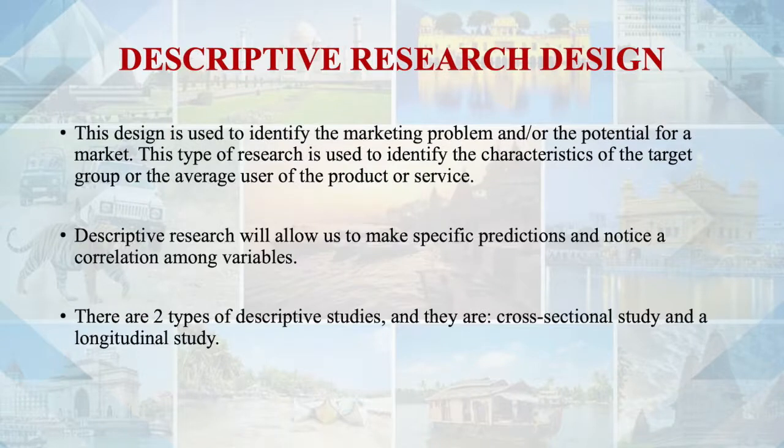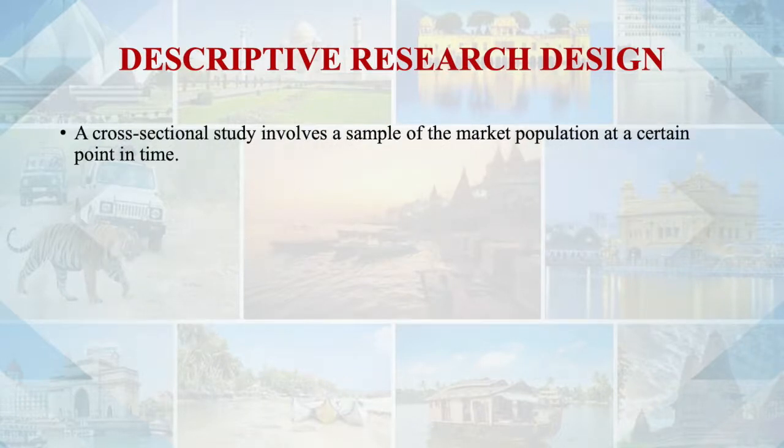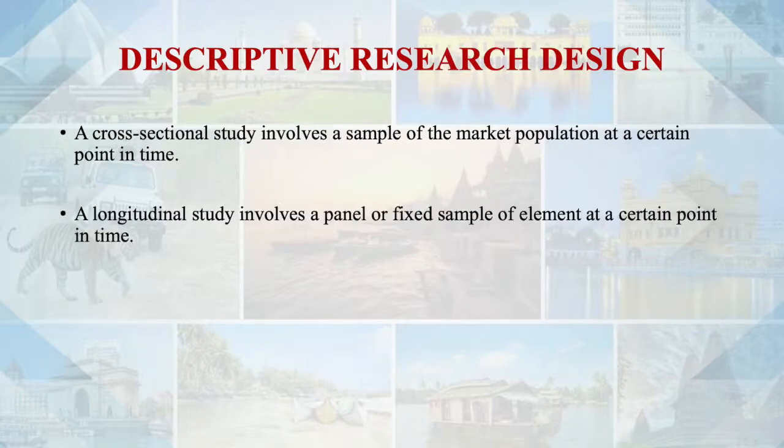There are two types of descriptive studies, and they are cross-sectional studies and longitudinal studies. A cross-sectional study involves a sample of the market population at a certain point in time. A longitudinal study involves a panel of fixed samples of elements at a certain point in time.